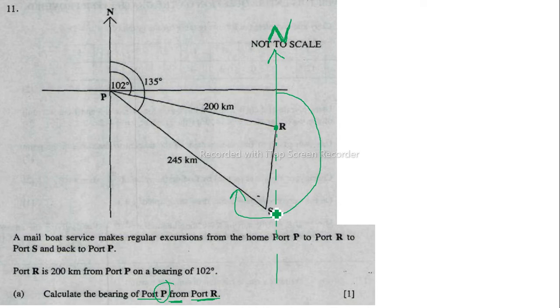Are you confused? Yeah. So if you minus 102, that's what I'd do. Remember, we want this reflex angle. The angle starts here and goes here. Now I don't know if it's right, but that's what I'd do.